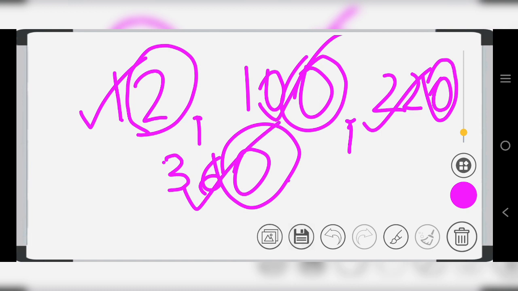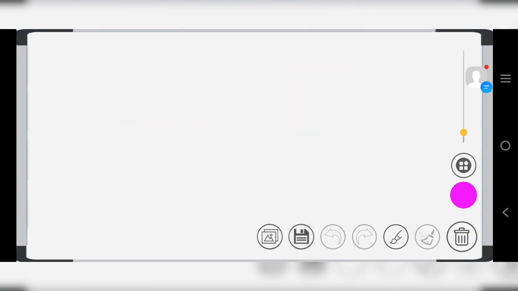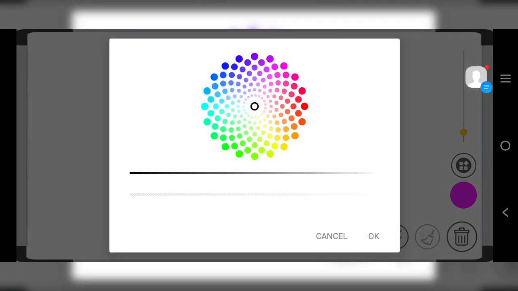Here it is also 0, so it is divisible by 2. Then 36, here it is an even number and it is divisible by 2. So if the last digit is even or 0, then only it is divisible by 2, or else it is not divisible by 2.